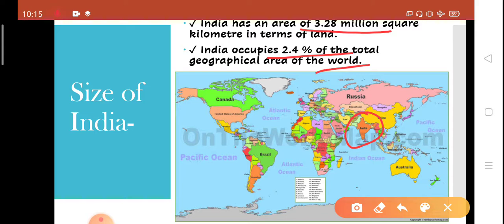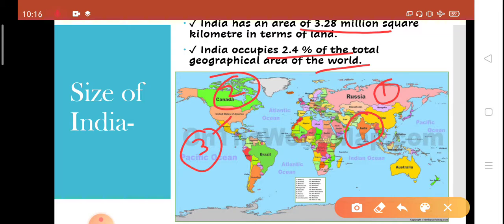The largest country occupying most of the land is Russia, marked as 1 in pink color, followed by Canada. Canada is the second largest country of the world. On the third number, we have the United States of America, just beneath Canada.